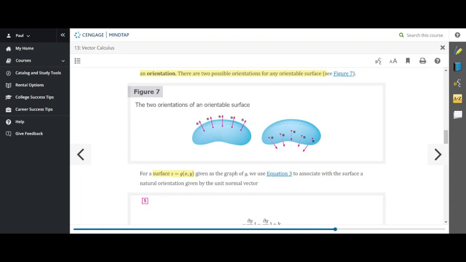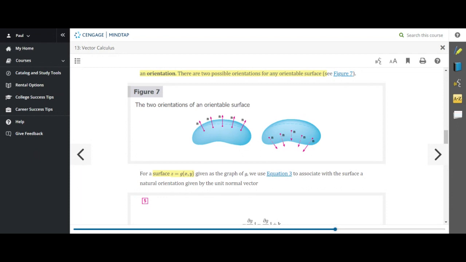Now, if you picture, on the left figure in figure 7, each point, and there's a little plane at each point, that's essentially equivalent to the surface if you have the plane small enough.